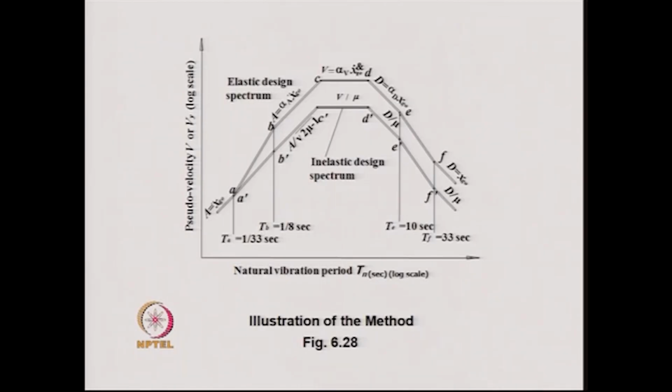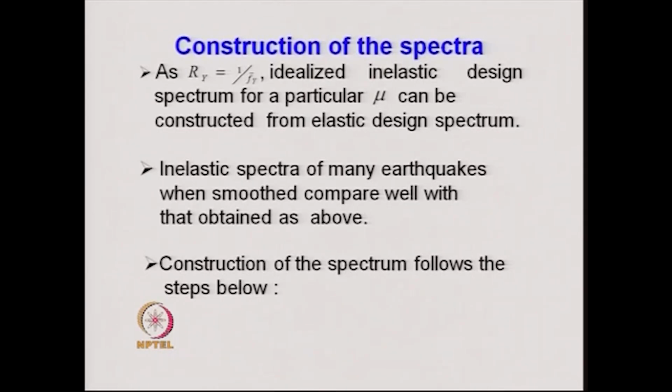And alpha A, alpha V and alpha D values are available for different conditions, that is for the extreme earthquake and for the design earthquake, and given in different literature. Now, once we have that elastic design spectrum, the whole idea is to obtain the inelastic response spectrum from this elastic response spectrum. So, that is what we intend to do.